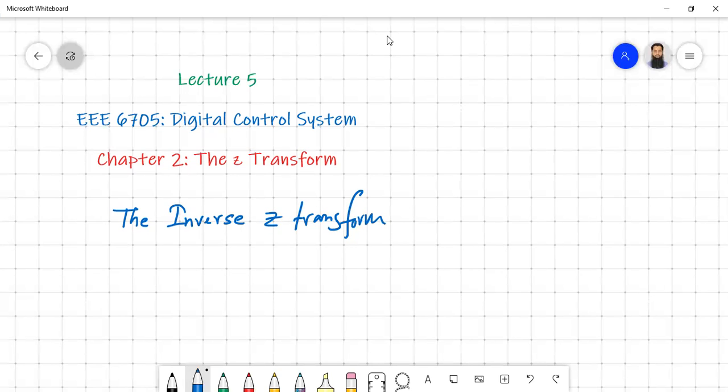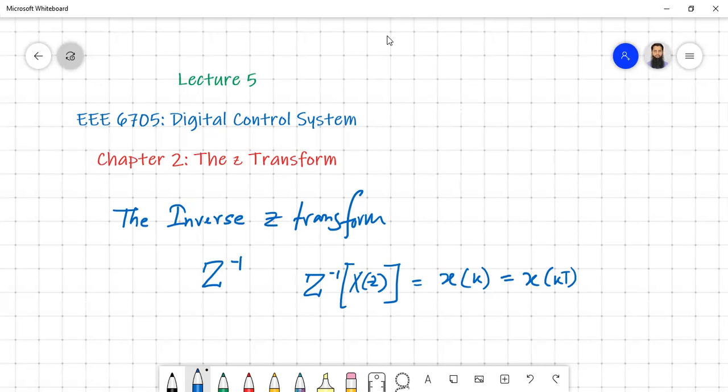The notation is Z inverse. If you have a signal in the Z domain, X(Z), and we apply the Z inverse to it, it should give us X(k), or X(kT), the value at different time instants. We have to be careful that we are never going to get the continuous time signal.